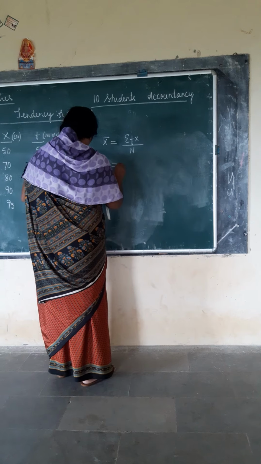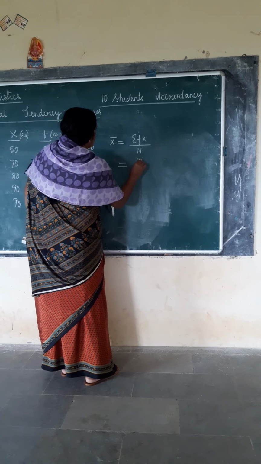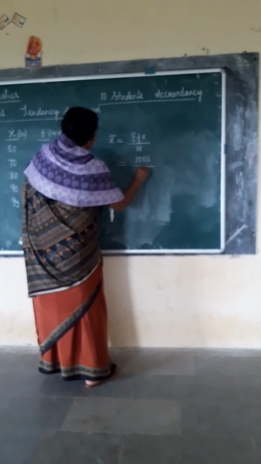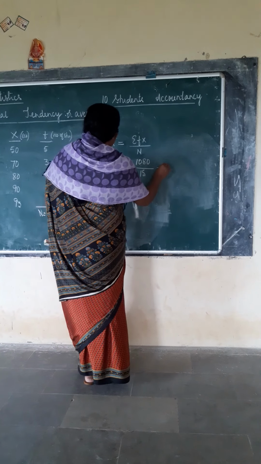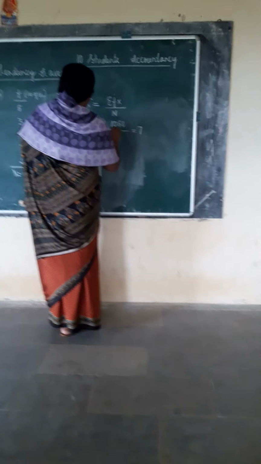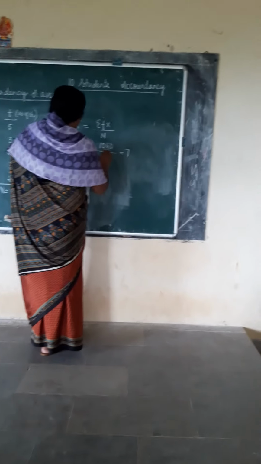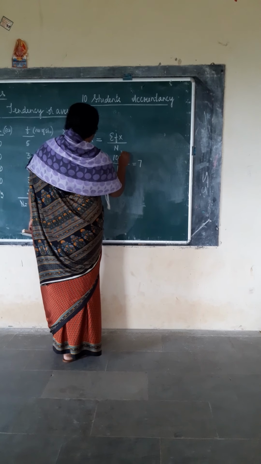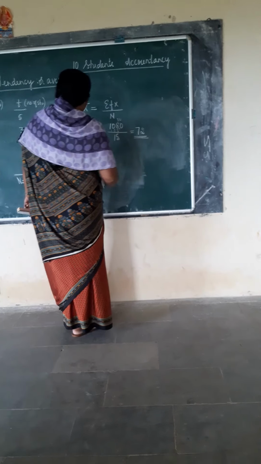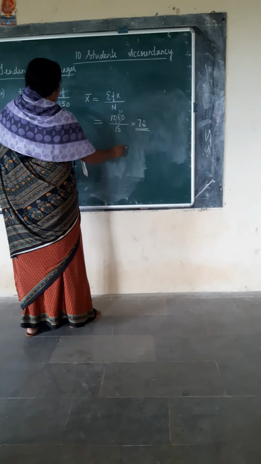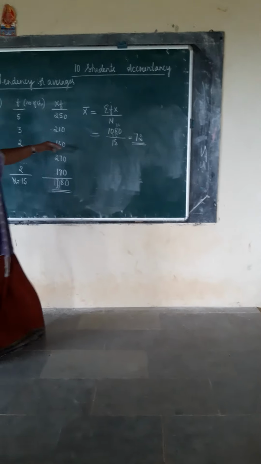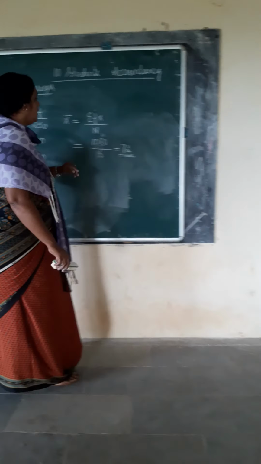That is equal to 1080 divided by 50 is equal to 15 sevens are 75, balance is 30, 15 twos are 30. So this is the average marks scored by the student.